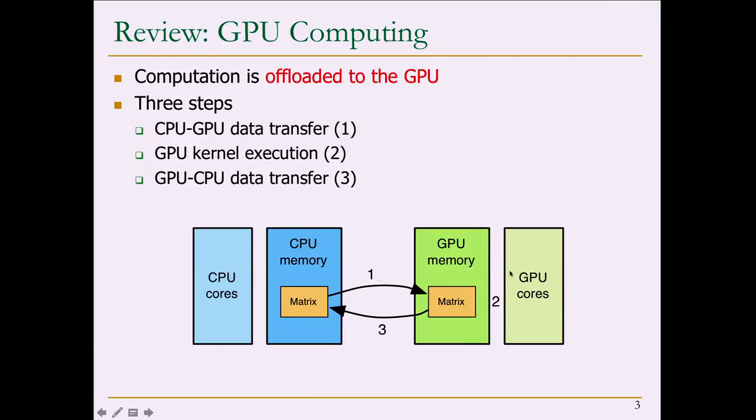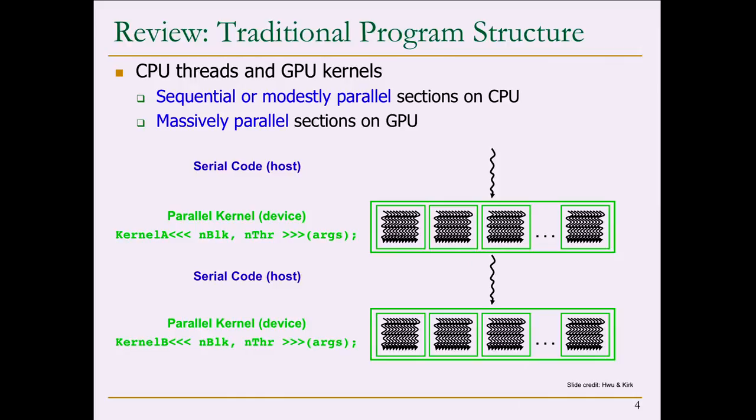Once the data has arrived onto the GPU memory, then we have the GPU cores starting to work on that data and generating some output, some results. And when the kernel finishes, when the GPU finishes its computation, the results are moved back from the GPU memory to the CPU memory. That's what we call the traditional accelerator model.